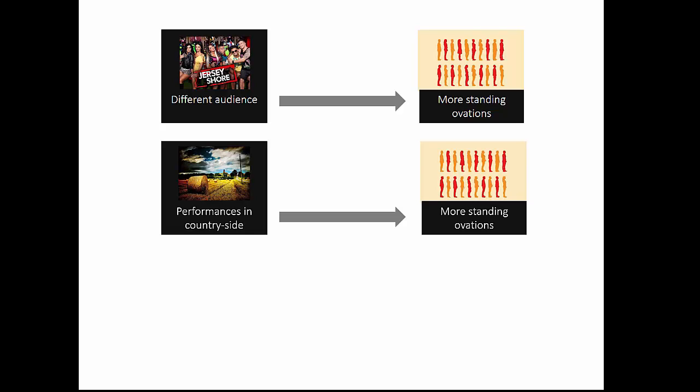If it's all about the people living in rural areas or outside of New York, they're not as blasé and spoiled like the New York arrogant citizens, right? If it's all about that, then you would observe more standing ovations also elsewhere, right? When the performance is not in New York, but in New Jersey.